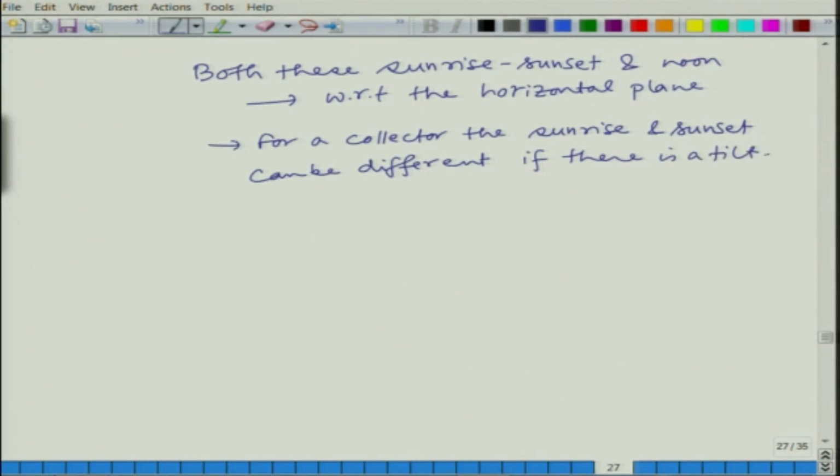Okay. So, with respect to the collector plane, the sunrise and sunset we have to re-evaluate, or make the correction for the tilt. Okay. So, what can we write? We can write the same thing, and similarly we will correct it by correcting the latitude.